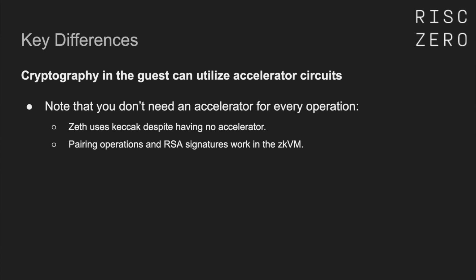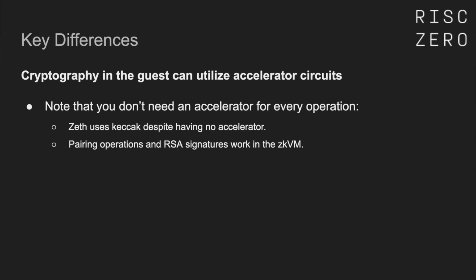Another notable example is that our Zeth implementation, our zero knowledge EVM implementation, uses Keccak without an accelerator. It's only a software implementation of Keccak, but still has fairly fast proving times.